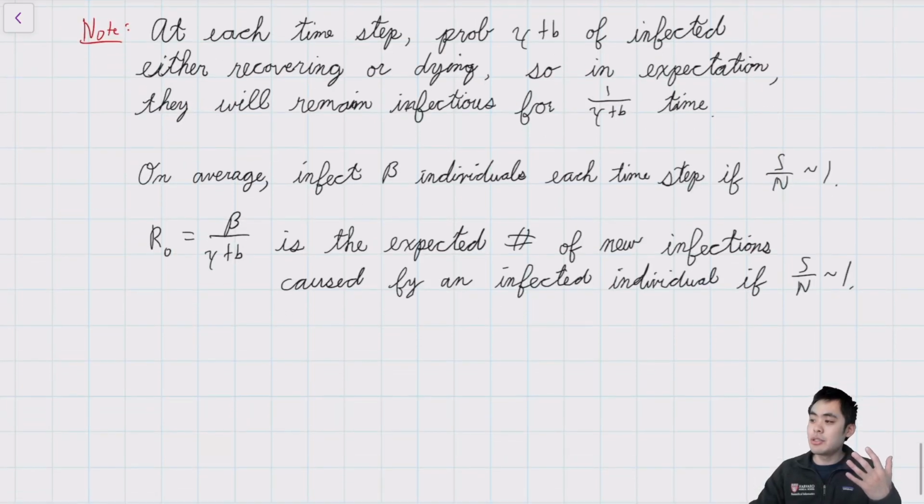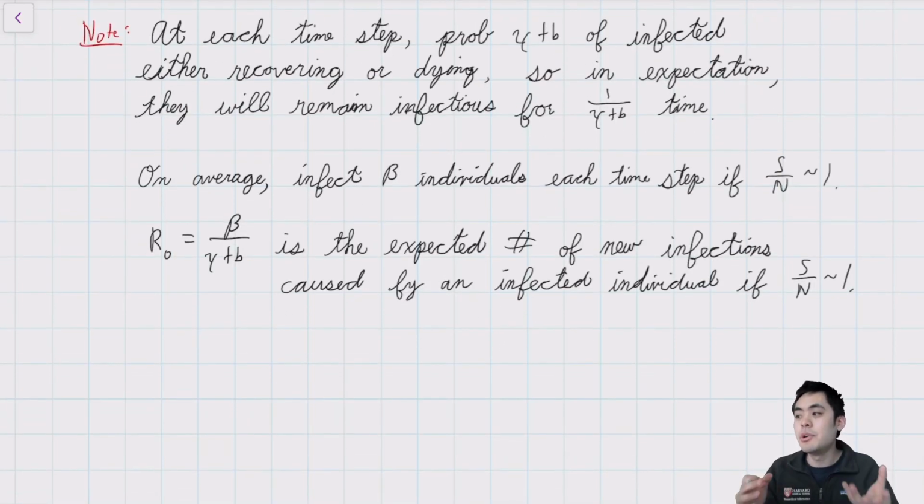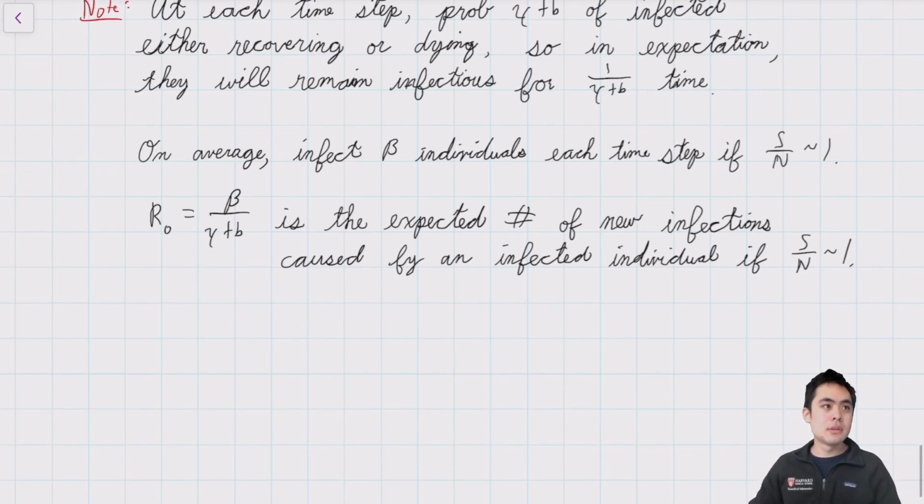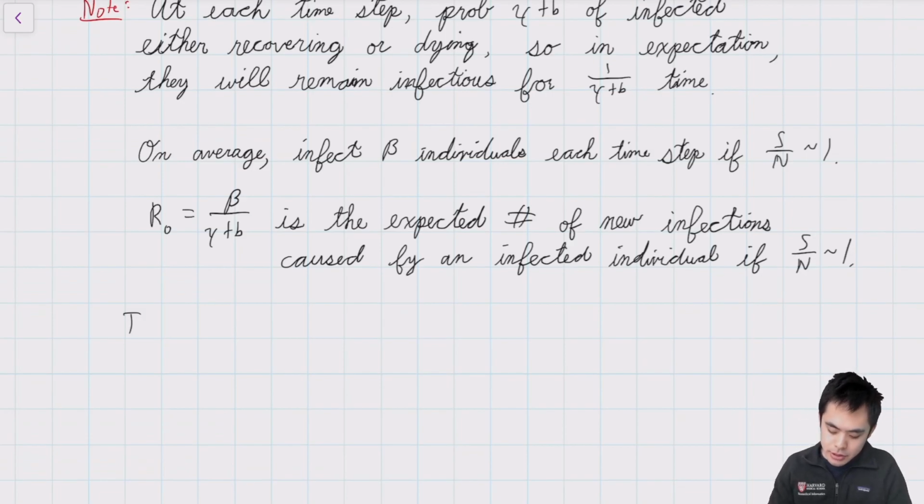And so when you introduce a disease into a population, if there's some very small number infected, then most individuals are susceptible and S over n is close to 1. So this is the expected number of new infections when there are very, very few infected individuals, and you can assume that most contacts result in infection. So this corresponds to the expected number of new infections when a disease is introduced into the system and no one has any immunity. And so if R naught is greater than 1, the disease-free equilibrium is unstable.